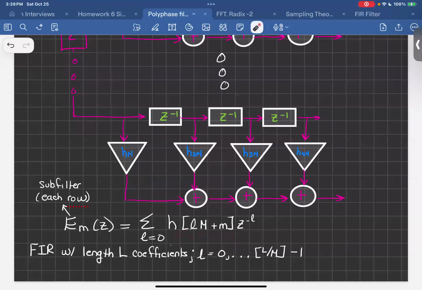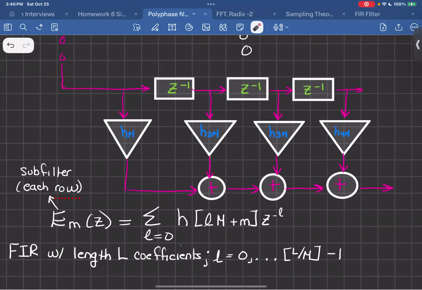And as an exercise, test this. Test this with real numbers. Make M 4 and make L, like L is your total number of coefficients. Okay. And so this is a finite impulse response with length L coefficients and it sums from l equals 0 to L over M minus 1.